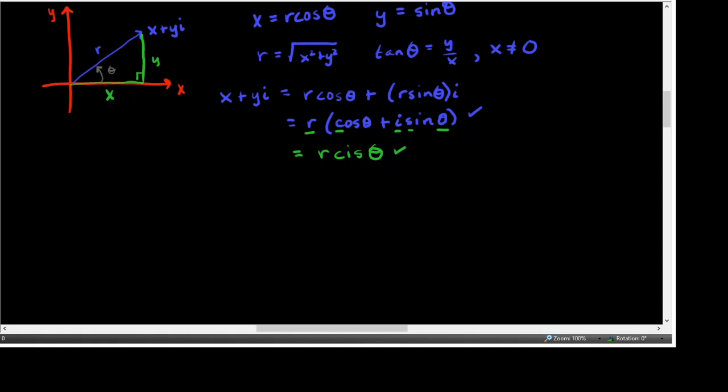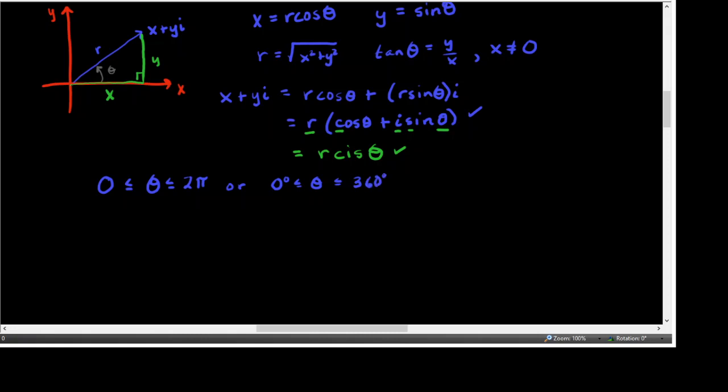Because sine theta and cosine theta have a period of 2 pi if we're in radians, or 360 degrees if we're in degrees, we're also often going to make it such that we have a restriction that we want theta to be between 0 and 2 pi if we're in radians, or between 0 degrees and 360 degrees if we're in degrees.